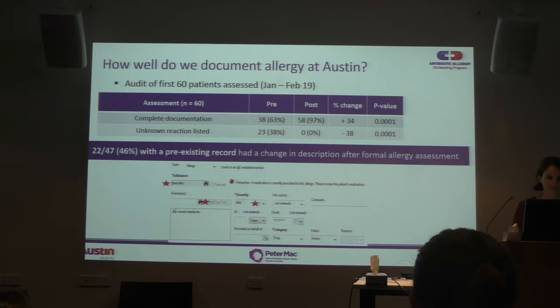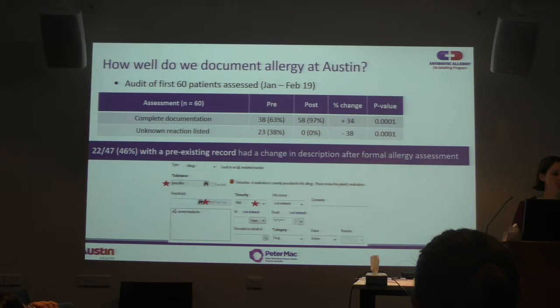We compared it before the nurse had come to see them and then after the nurse had seen them and updated the Cerner system. We found that using an allergy tool and assigning the correct allergy phenotype led to a change in the EMR. So the documentation increased 34% to be more appropriate, and that was a statistically significant result.